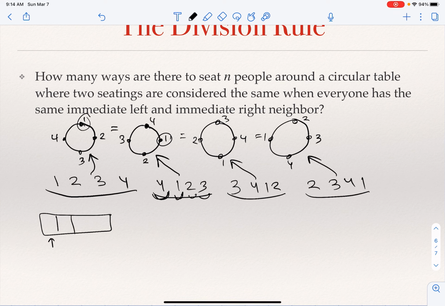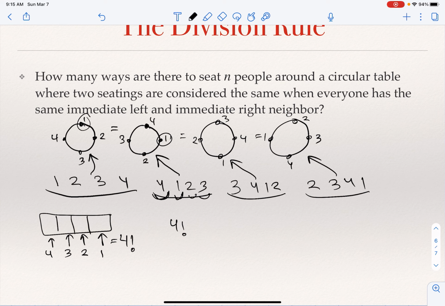Then, similar to how we counted the number of one-to-one functions, once I put one of these individuals in the first place, I have 3 possibilities for the second. After I put these 2 there, I have 2 possibilities for the third individual. Then I'm left with 1. So this is 4 factorial. So there are 4 factorial ways of arranging these 4 individuals in a row.